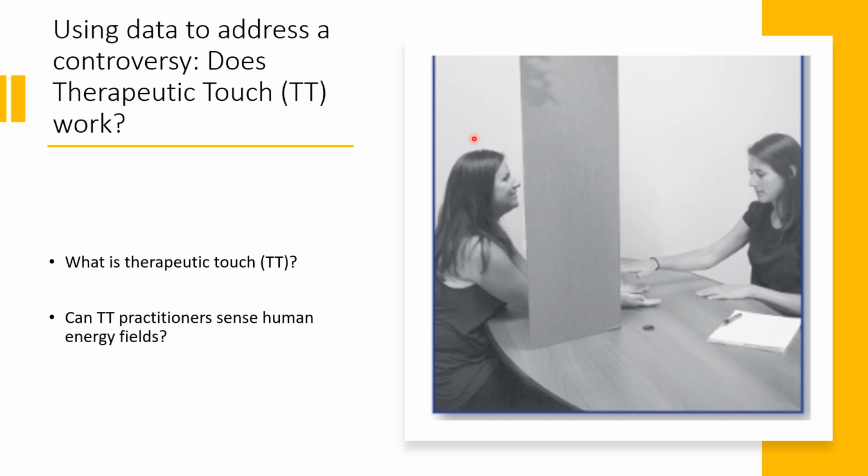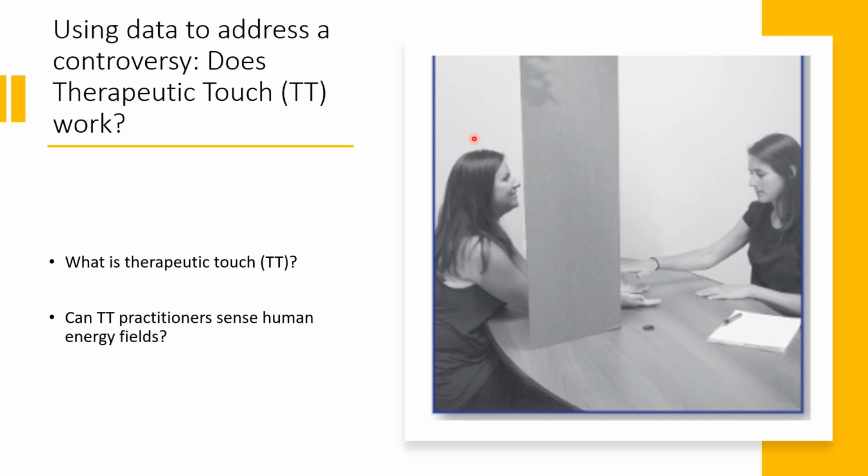There would be 10 trials. So the practitioner would have 10 opportunities to decide whether Emily's hand was over their right or left hand. And so you would expect, if people are able to sense human energy fields, they would do quite well.